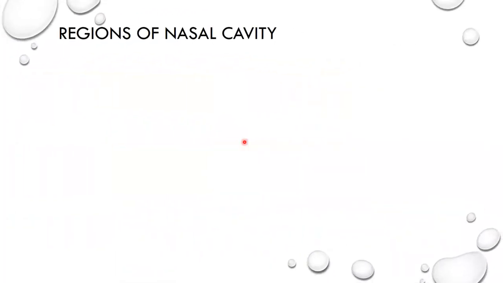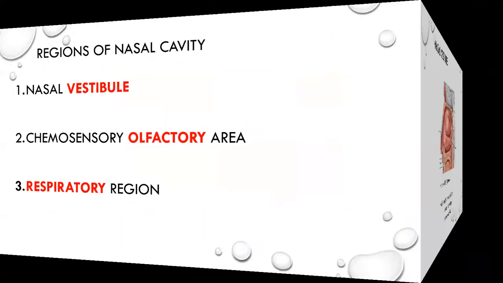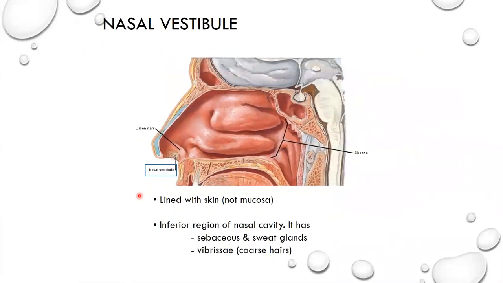Now go to the regions of the nasal cavity. The nasal cavity can be divided into three regions: the nasal vestibule, the chemosensory olfactory area, and the respiratory region. The nasal vestibule is this area. It is lined with skin, not mucosa.